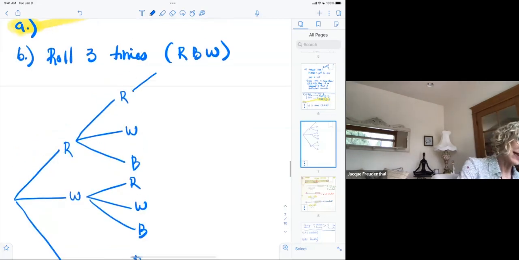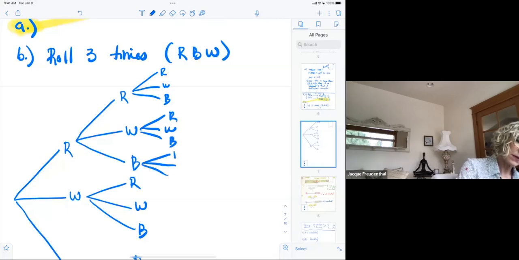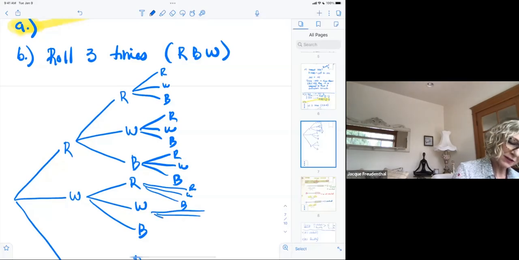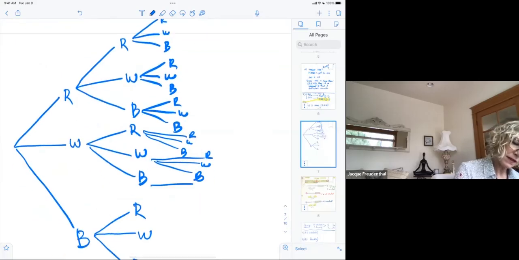So now I need to take and look at red, white, blue off of each of these. Red, white, blue. Red, white, blue. Getting squished here. Red, white, blue.